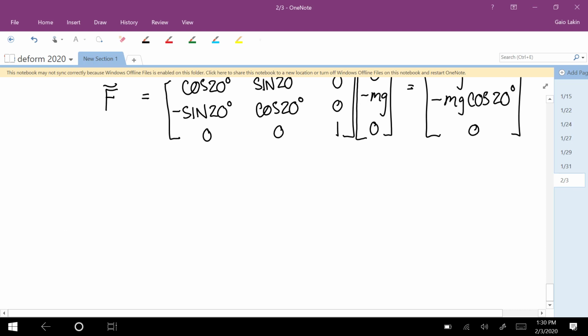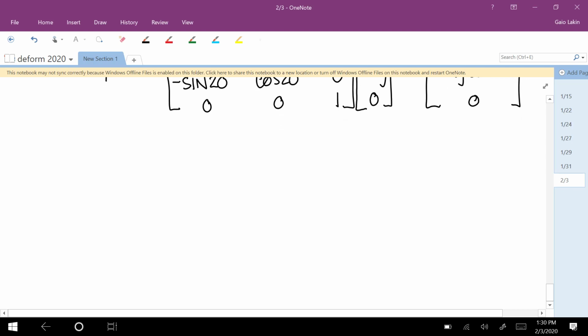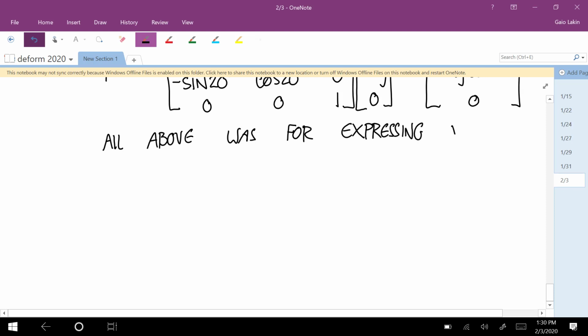Well, so this was all for vectors. So this was all for expressing vectors in a new coordinate system. But now we're going to do it for tensors.